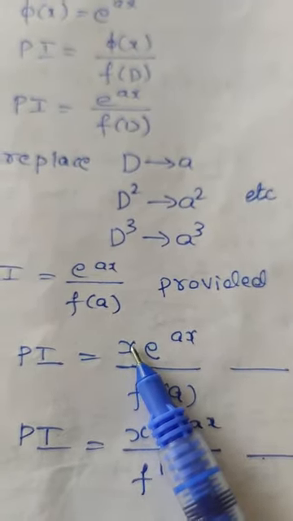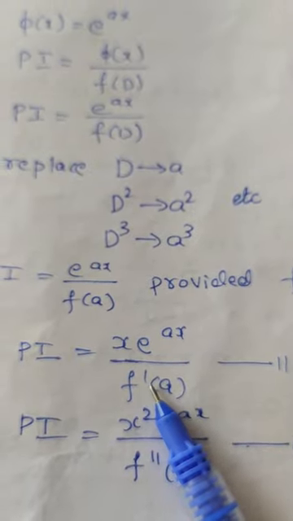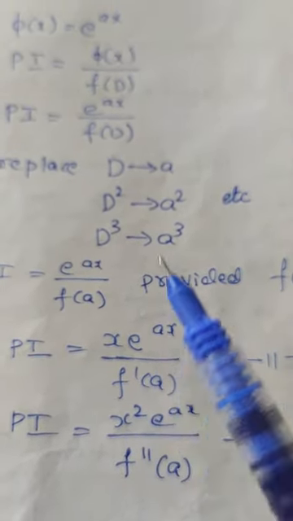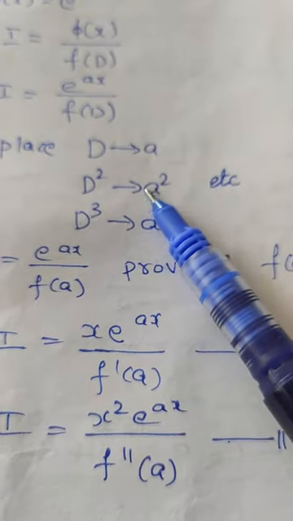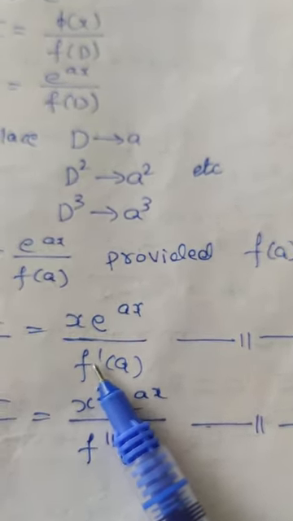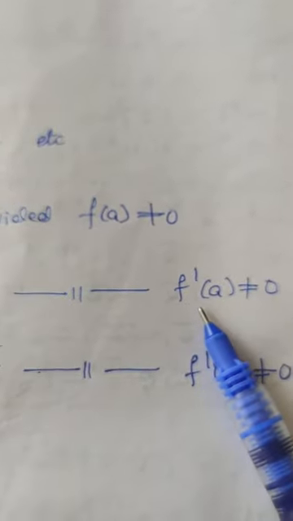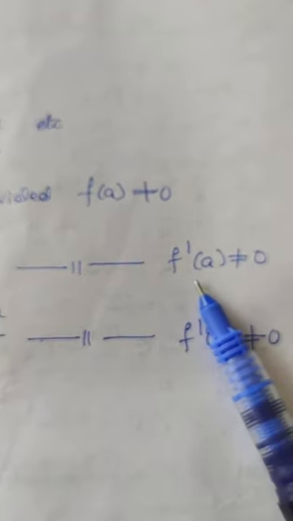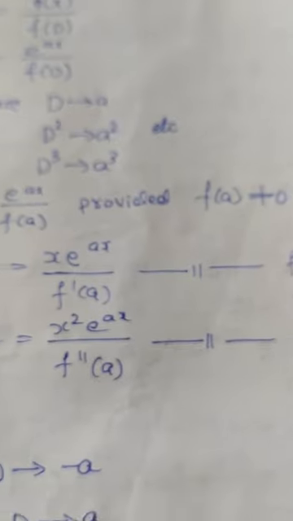Multiply the numerator with x, differentiate the denominator with respect to D, and again replace D by a, D square by a square, etc. And again the same condition: f dash of a is not equal to 0.